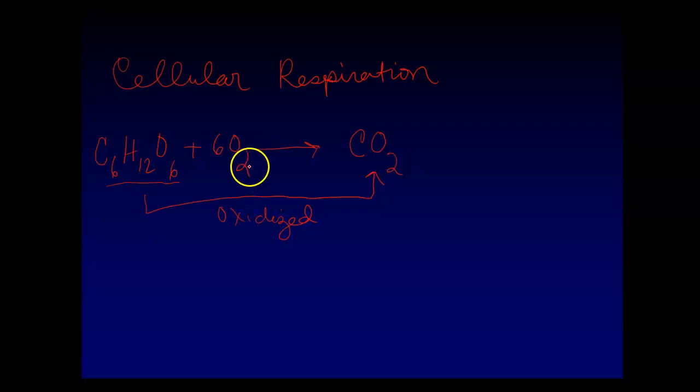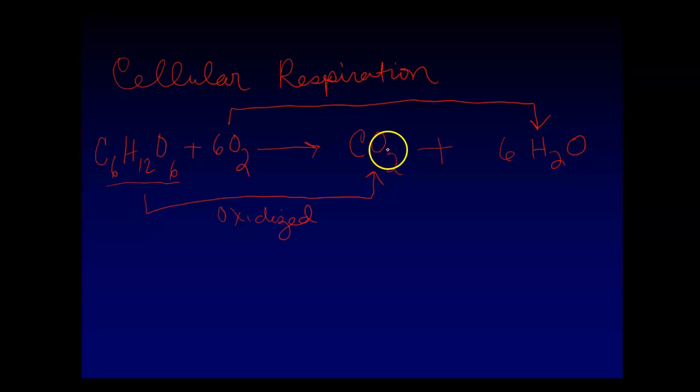Remember we said oxidation and reduction take place at the same time. Oxygen, therefore, is going to be reduced because it's going to pick up hydrogen ions being lost from the glucose. So oxygen becomes water on the opposite side.